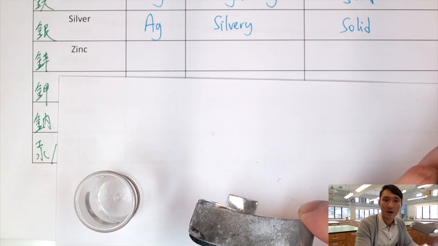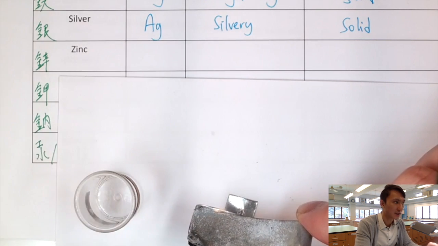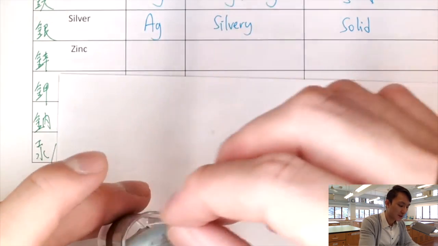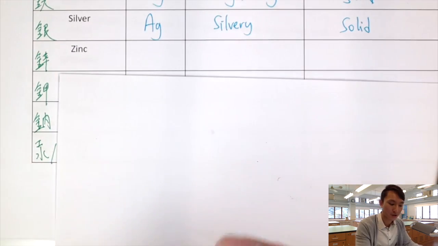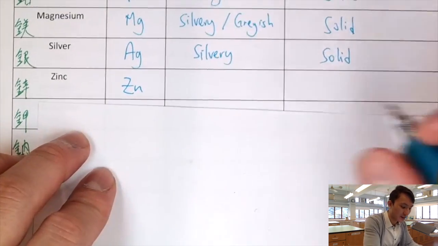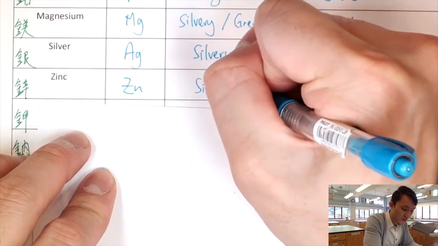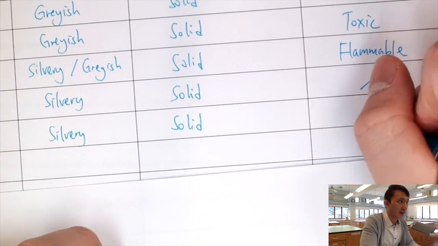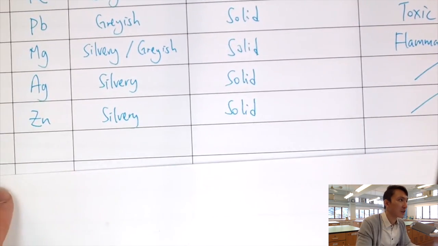Again, this metal may be oxidized a little bit so that it has some white oxide on the surface. But after all, zinc is quite a silvery metal. Now, the symbol is Zn, and this is a silvery metal, solid, and it doesn't have any hazard warning nature.